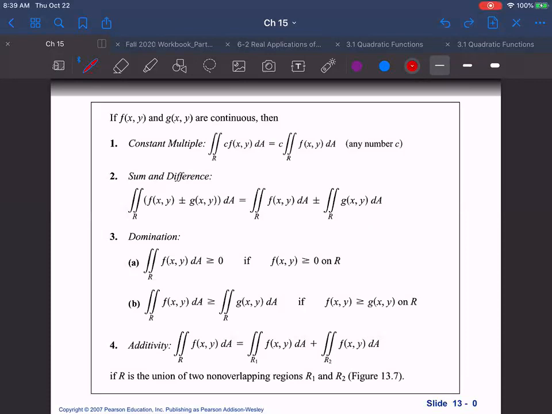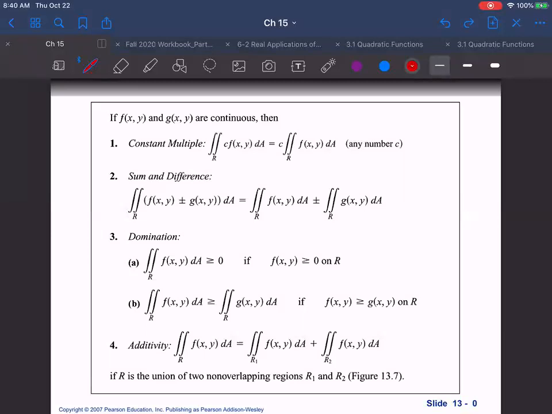Here, if we know that our function is greater than 0 everywhere on our region, then we know that our overall volume will be greater than 0. You have to be careful with this because, again, volumes that go down below where the region is actually negative are going to be like negative volumes. So you could even do something different like this.